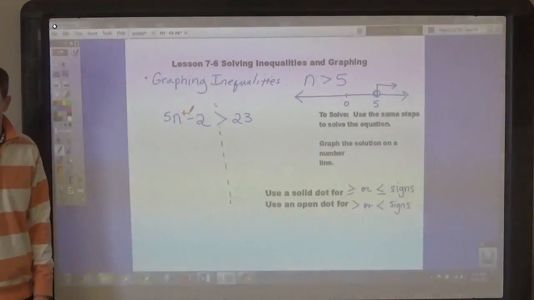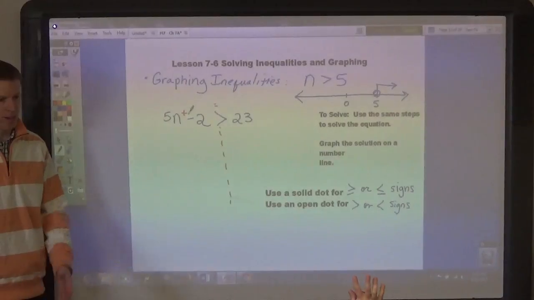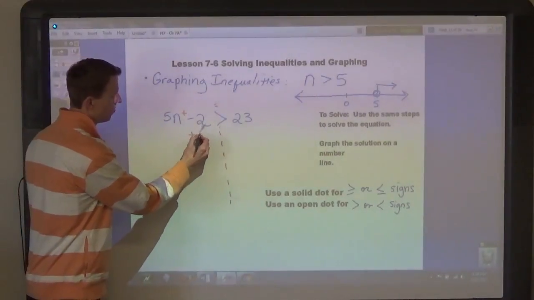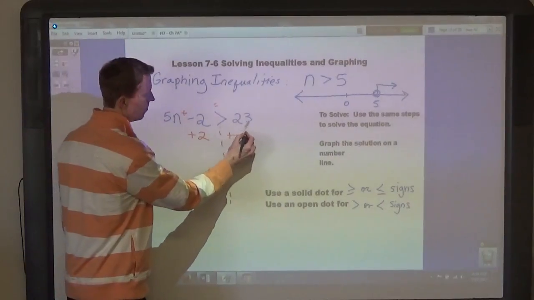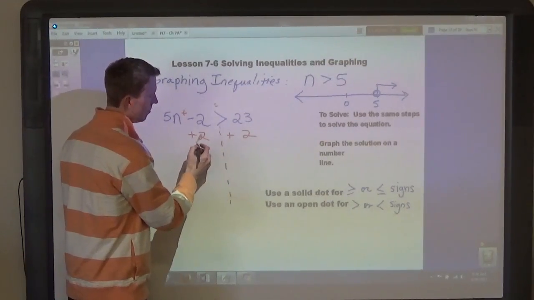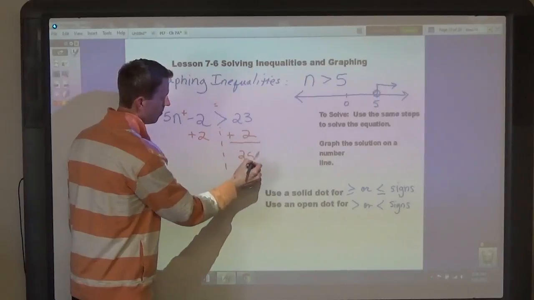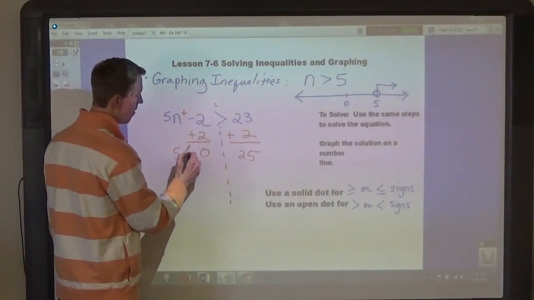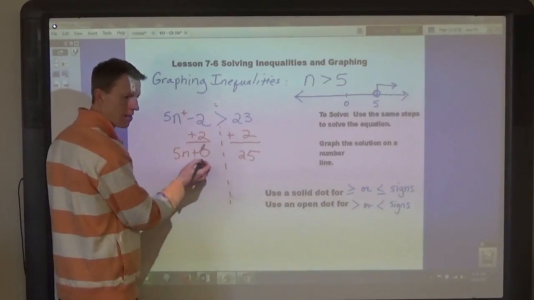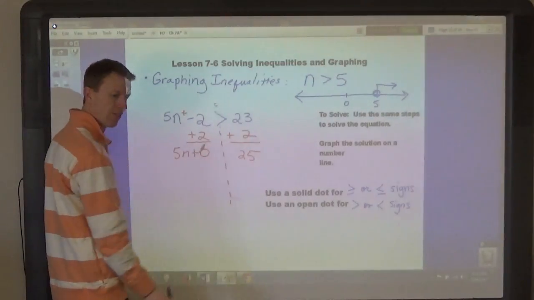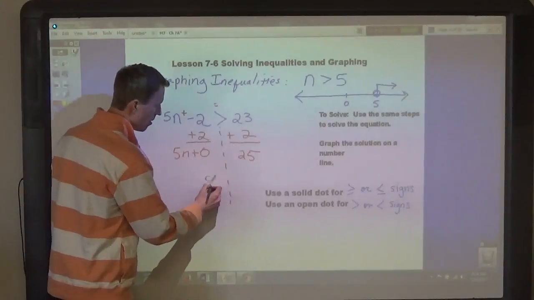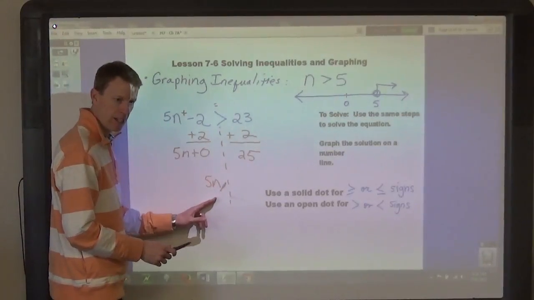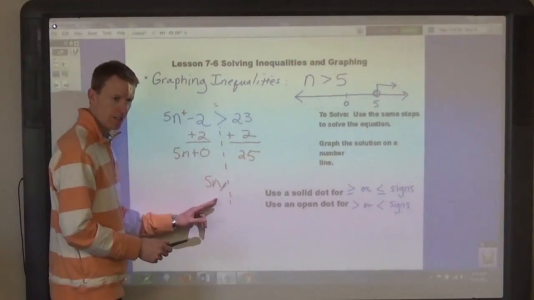So what would we do first? Roy? We add positive 2, and you do it to the other side, and that's 25. So 5n plus 0 is on this side, and 25 is on the other side. We have our variable term on one side. Emily, pay attention. Are you writing this down?